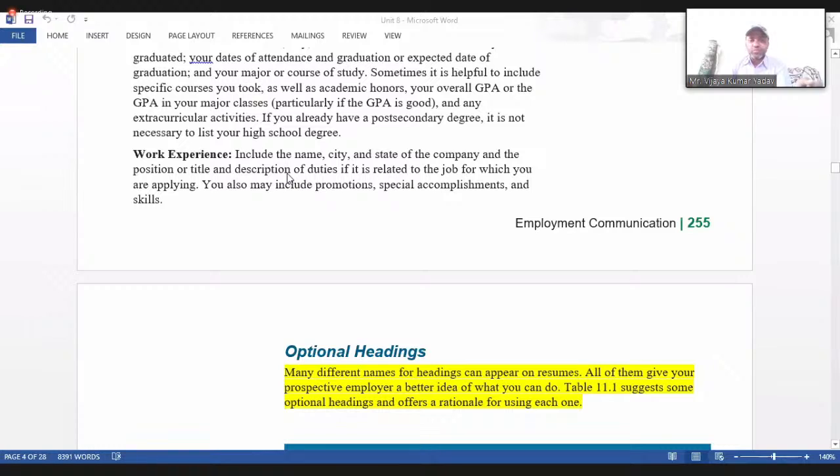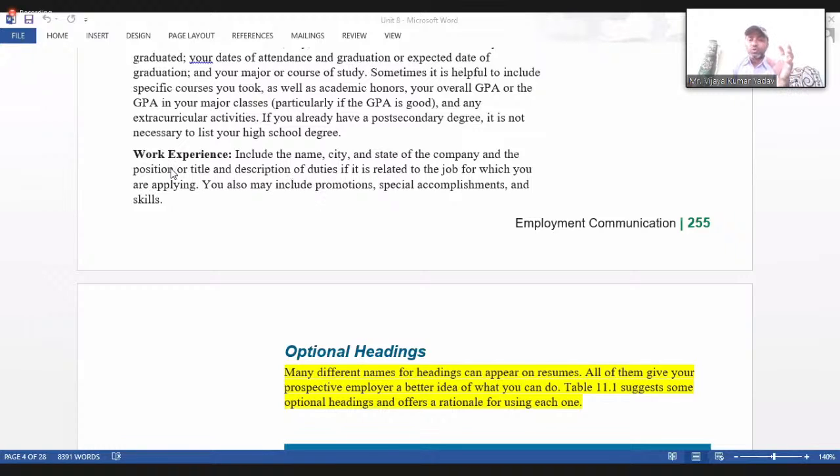In work experience, what you can write? Include the name, city, and state of the company. Okay? In which company you have already worked. Mention the name of the company. Mention the name of the city where the company is located, and the state, Pradesh, where the company is located, and the position or title and description of duties.